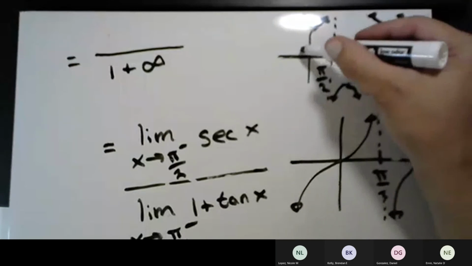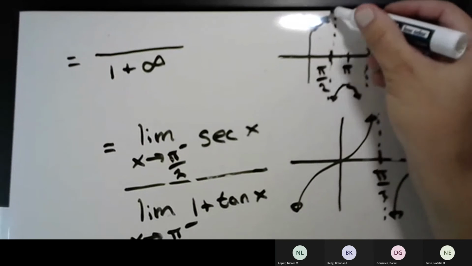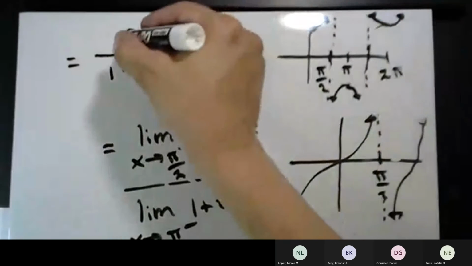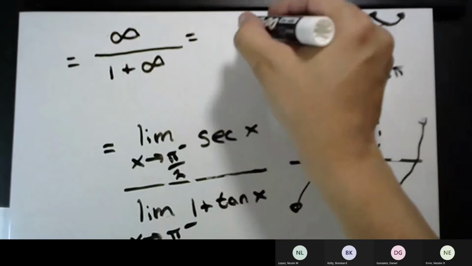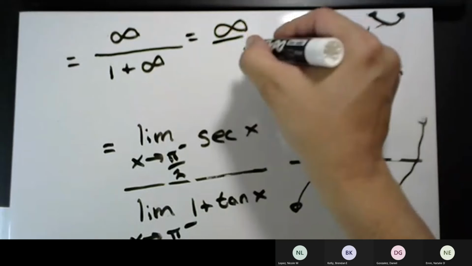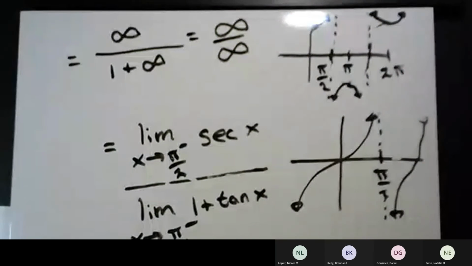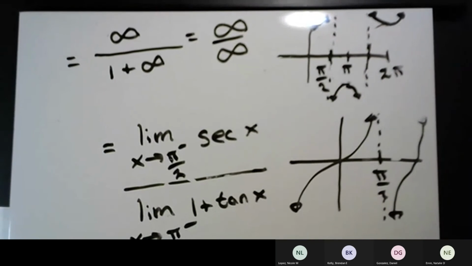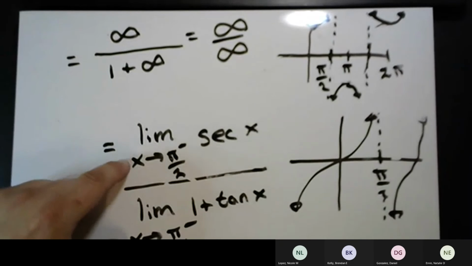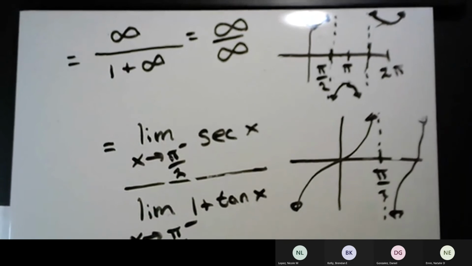And if we approach from the left, secant, climbing up, we're going to get infinity. And 1 plus infinity is just going to be infinity. So we're going to address this for the one-sided limits first.